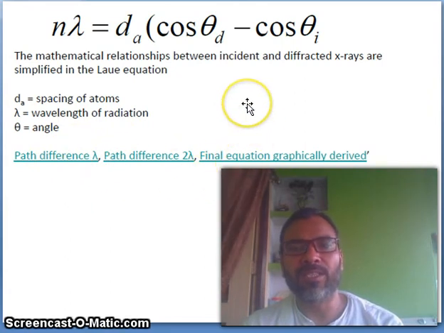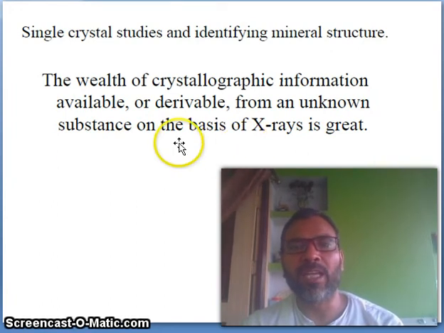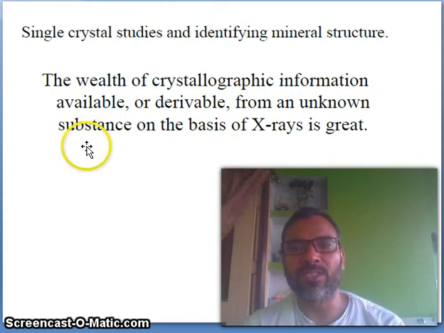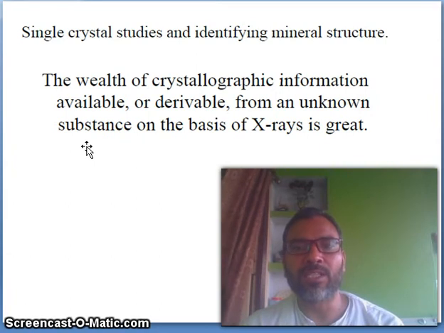The final equation is given graphically. So, single crystal studies and identifying the mineral structure. The wealth of crystallographic information available or derivable from an unknown substance on the basis of X-ray is great. Just like if you have a bone fracture, you don't know, but if you do an X-ray, then you will find the situation of the break. In the same way, you don't know the structure of a molecule; if you do the X-ray analysis, you will get the complete picture of your molecule.